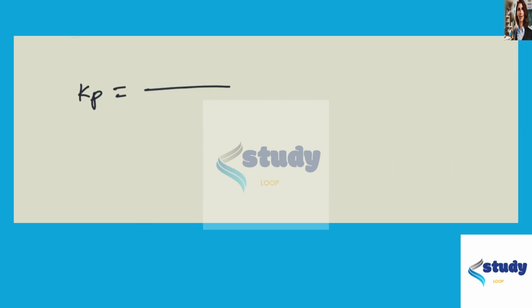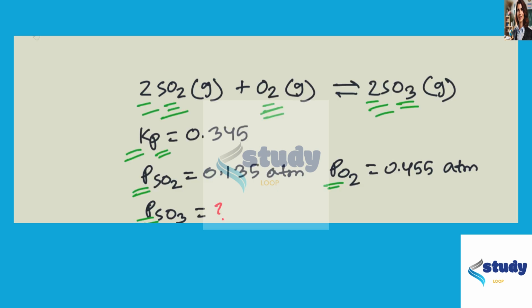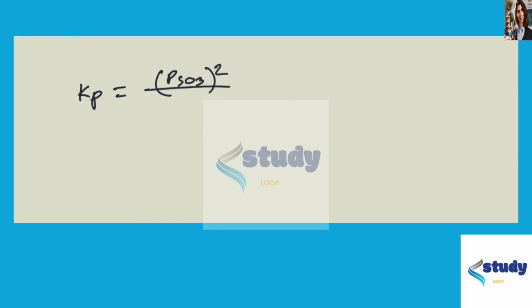So for this one, it will be the partial pressure of sulfur trioxide raised to the power of 2, because 2 is the coefficient of sulfur trioxide here, over the reactant partial pressures: sulfur dioxide, which also has a coefficient of 2, so we raise it to the power of 2, times the partial pressure of oxygen.